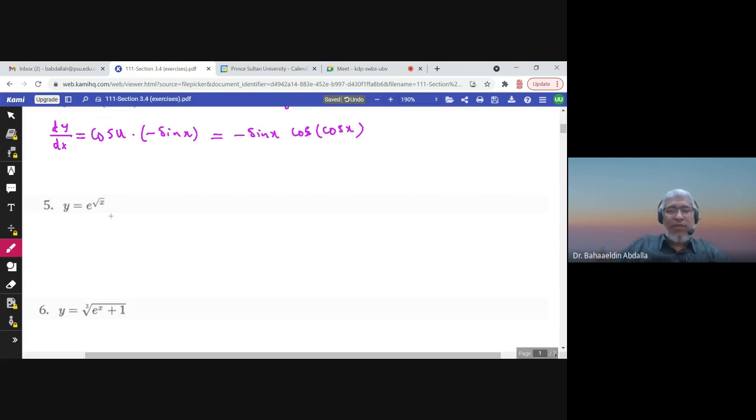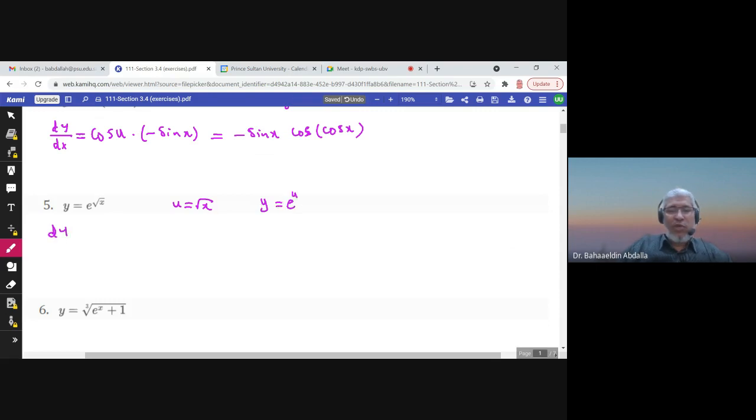The derivative here, the inner function is square root of x. The nice thing in these exercises, you understand here where is the inner function and where is the outer function, and y is e to the power u.